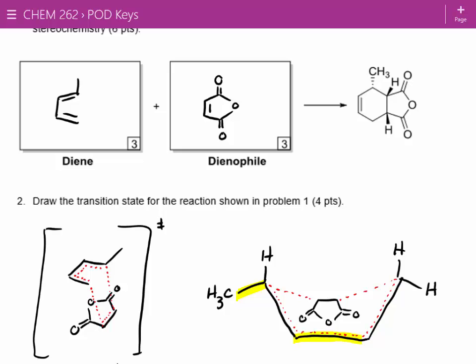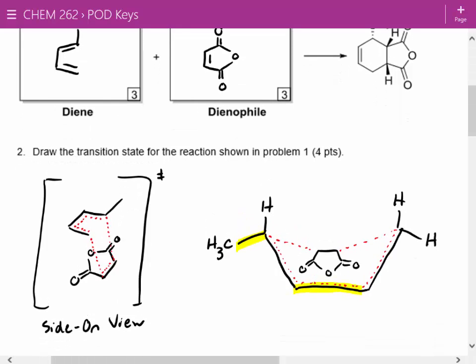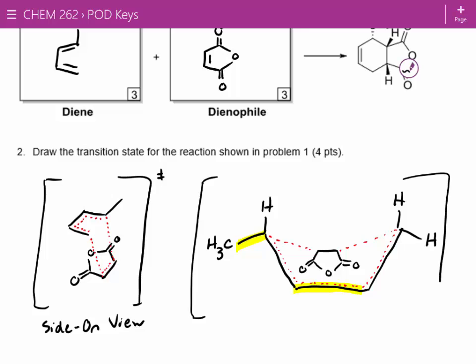So we have to pay attention to where the protons are here. Nope, remember endo is simply referring to your position of your dienophile. Is it underneath pointing down like this or up like this? It's not looking at methyl. But that's endo. Yes, this is endo.